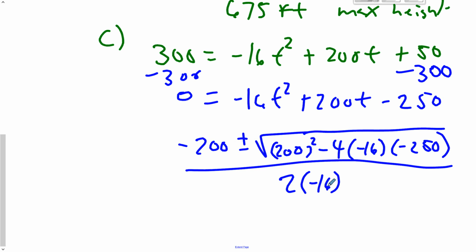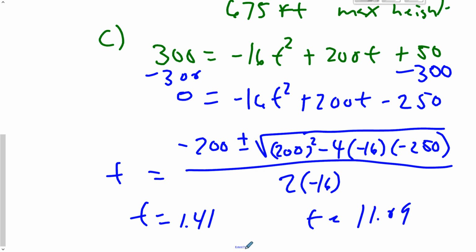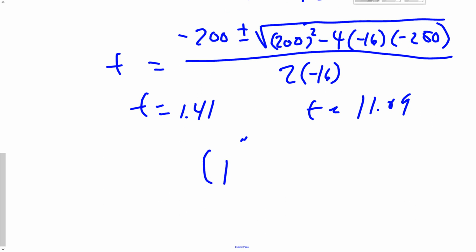Okay, so then we solve this, and this is going to give us our 2 t's, and that will be our interval, and it's probably going to be approximating, right? So this one is between t equals 1.41 and t equals 11.09. So it's going to be in between those, and that's our interval, where it's going to be above 300 feet.